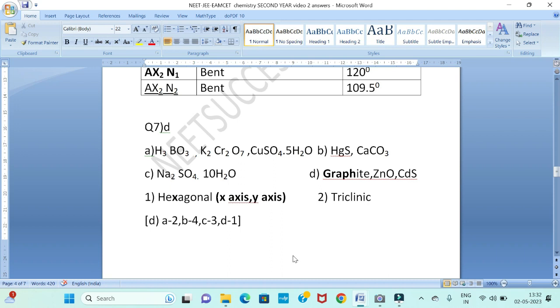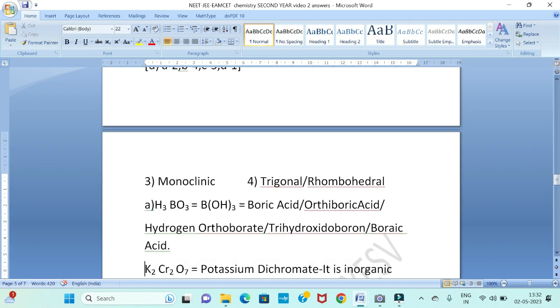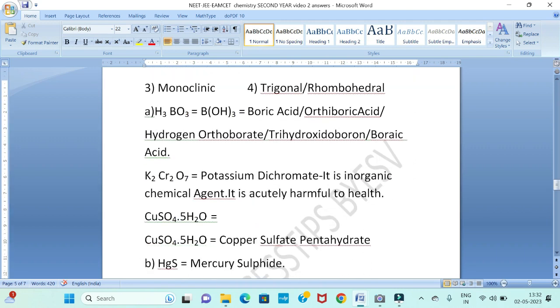Triclinic. Options: hexagonal, triclinic, monoclinic, trigonal, rhombus. Here we see one by one. Option A: H3BO3. We can write it like this: B(OH) taken thrice.